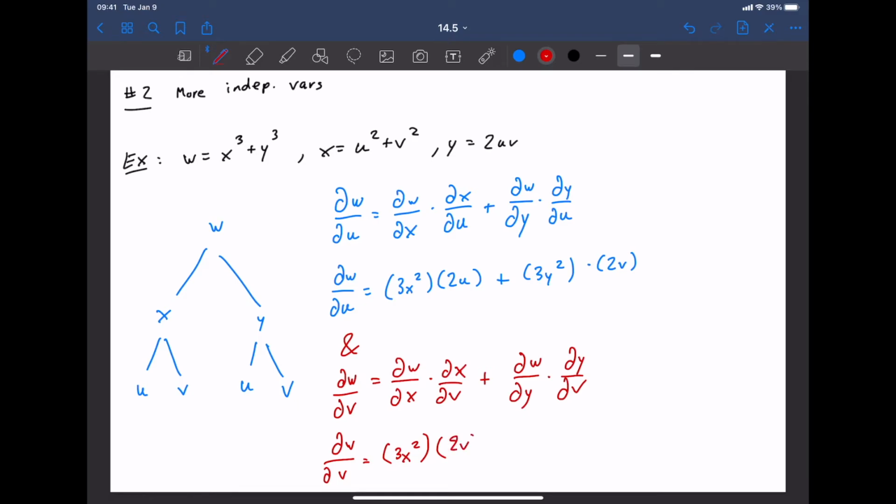It's 2v because when I look at the x equation, now this is a constant and we're taking the derivative with respect to v, plus, again, 3y squared times 2u. I really do not think this is that big of a deal. I think these are really quite doable.